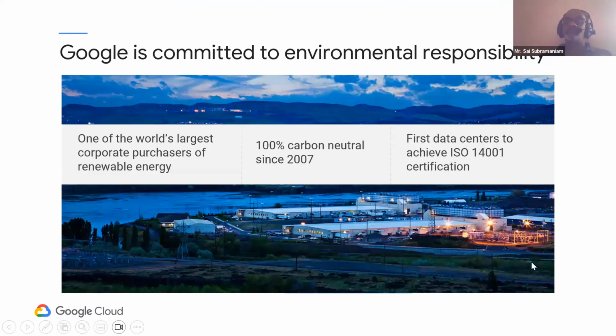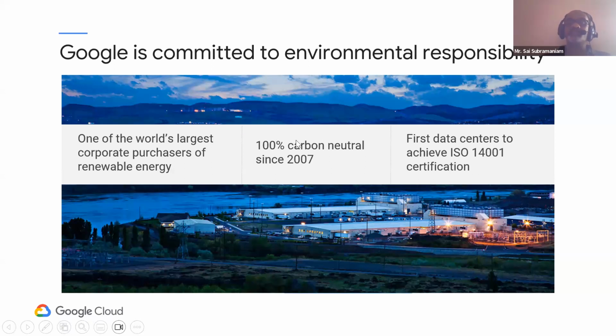Now, I hope you can see this diagrammatic representation of a physical data center of the Google Cloud Platform. For security reasons, Google Cloud never shows you the actual physical location, but this is a view of Google's data center. It uses renewable energy, and one form of energy is converted into another form. All the data centers of the Google Cloud Platform are 100% carbon neutral.